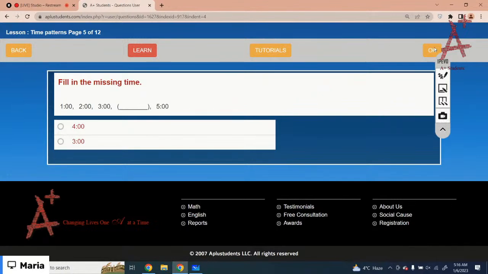Got it? So that means it is 4. Got it? So the correct option is 4.